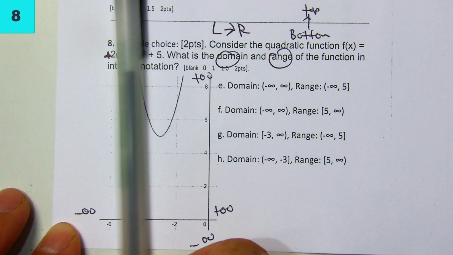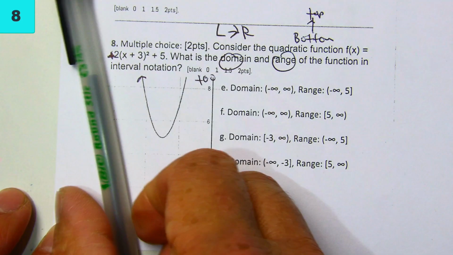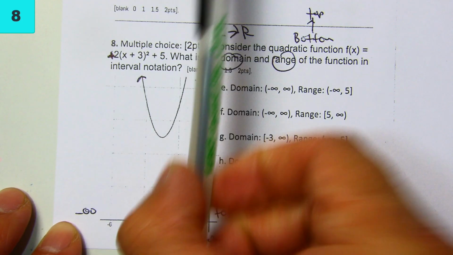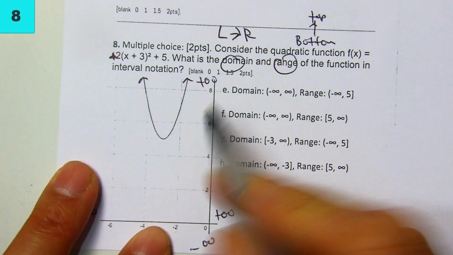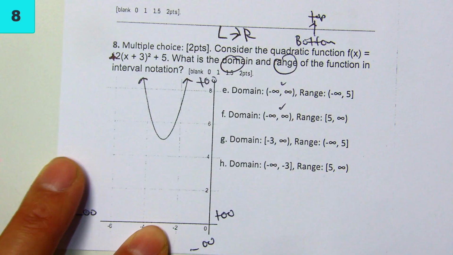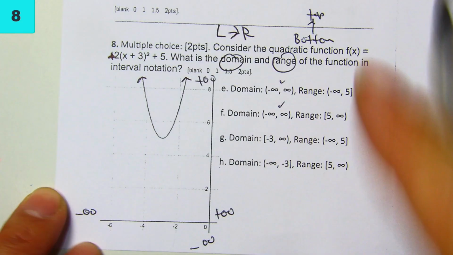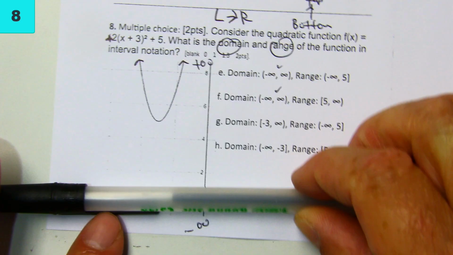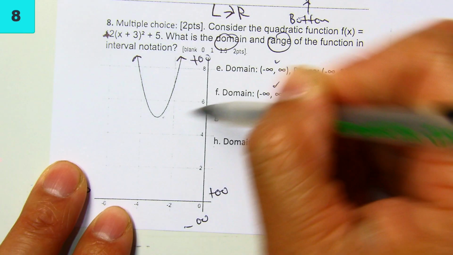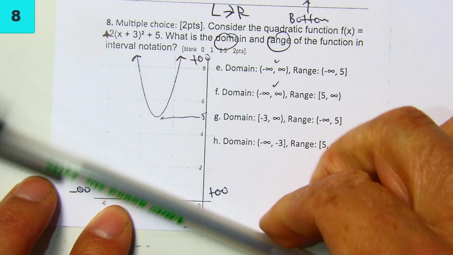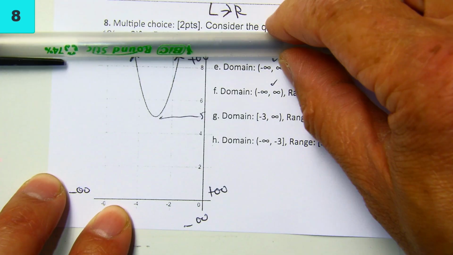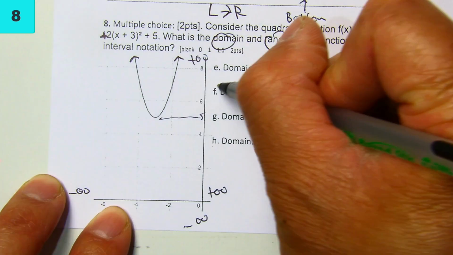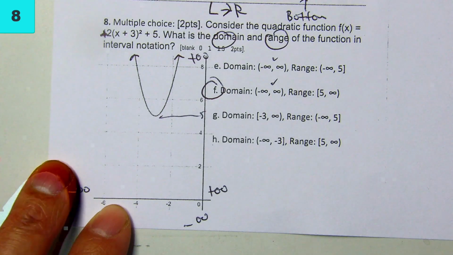First thing you're touching is an arrow, on the left side that would be negative infinity. Arrow again, that would be positive infinity. And then for the range, you go from the bottom to the top. It'll start here at 5 on the y-axis, and then goes to infinity.